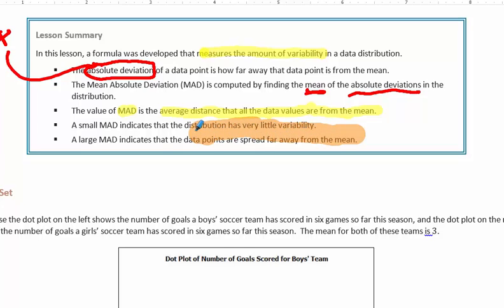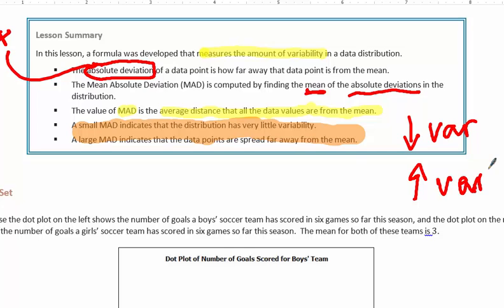And that large variability means that there's a lot of spread. My suggestion is to memorize these two sentences because this is going to be a question on your test. A small MAD is small variability. A large MAD is a large variability.